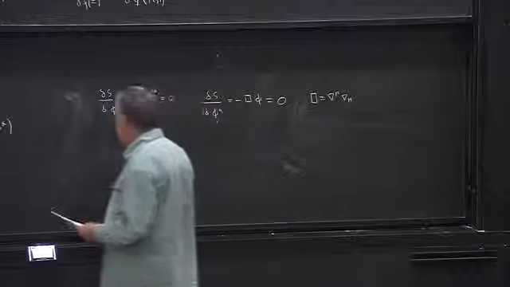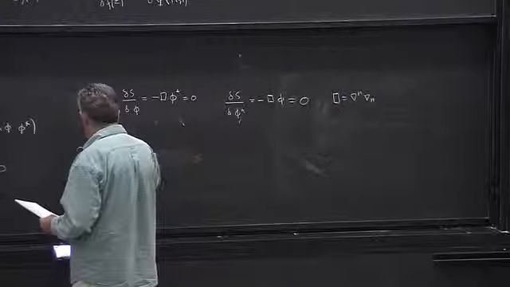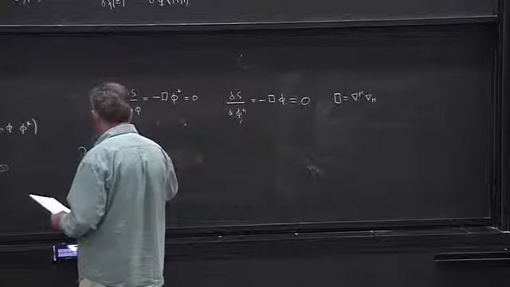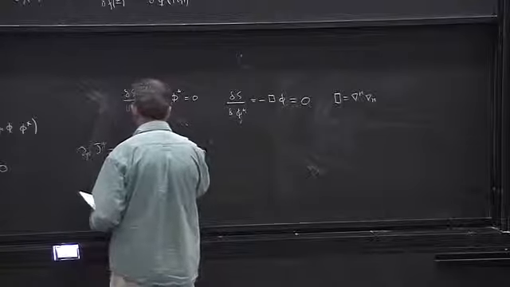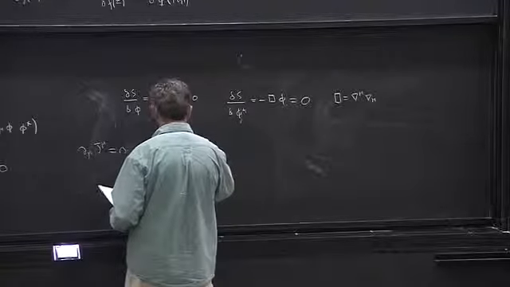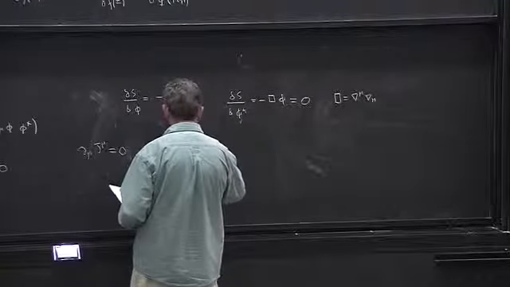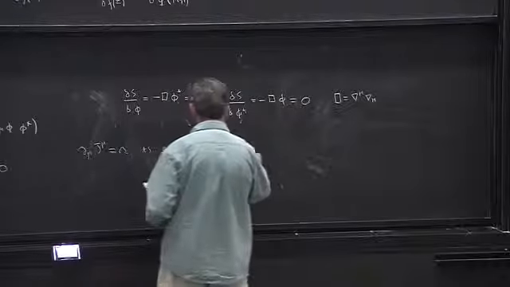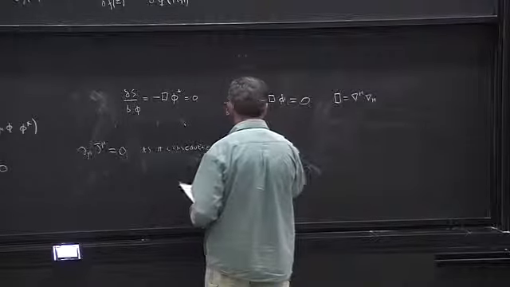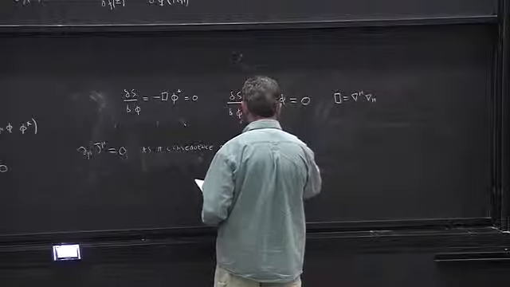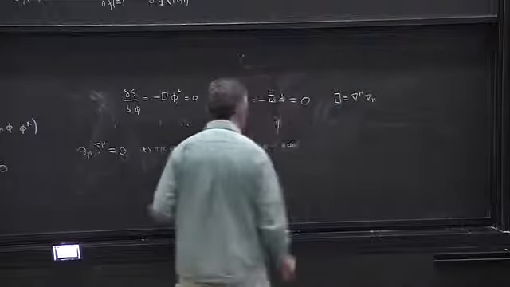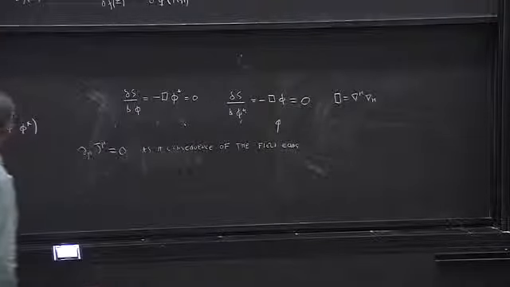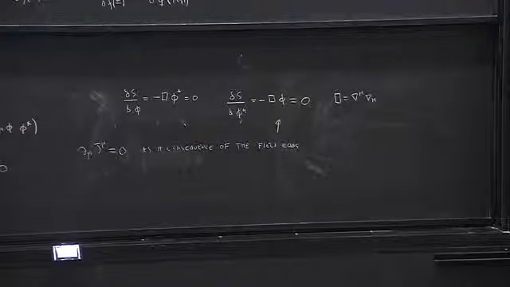Now you notice d mu J mu equals 0 as a consequence of the field equations. As a consequence of these equations, you can check that the divergence of J mu is equal to 0.